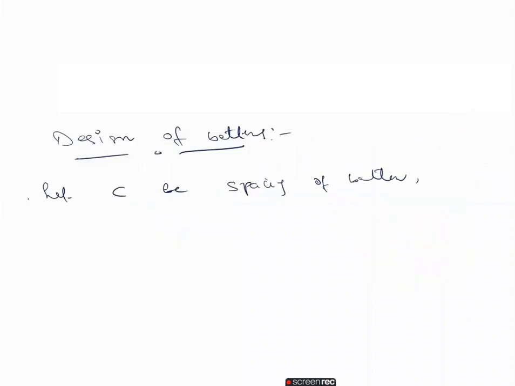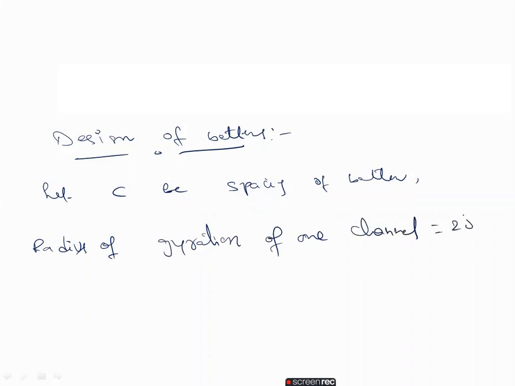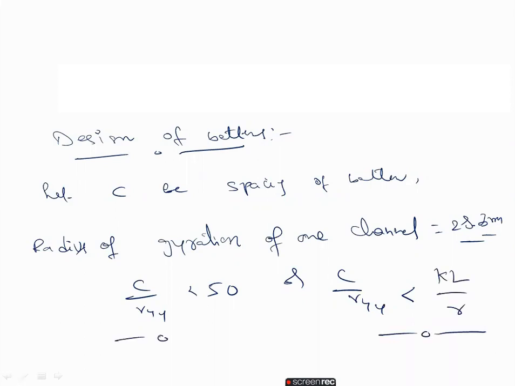Now the radius of gyration of one channel, taken from the steel table for ISMC 350, is 28.3 mm. The condition for this is C by Ryy is less than 50, or C by Ryy is less than 0.7 KL by R. These are available on pages 50 and 51 of the IS 800 2007 code book.